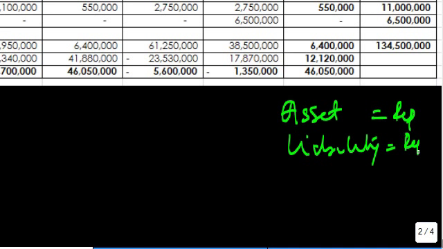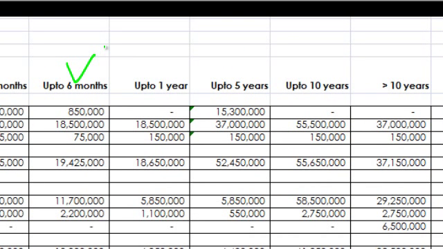So if I have a 10-year loan and this loan has a contractual reset where the rate gets reset every 6 months, it will not fall in the 10-year bucket in the rate reset gap. It will actually fall in the 6-month bucket here.